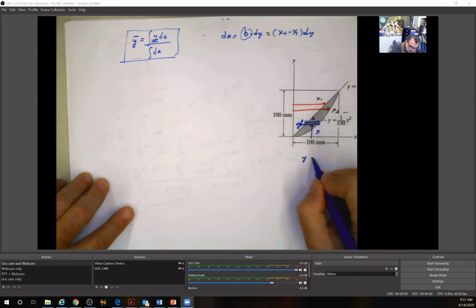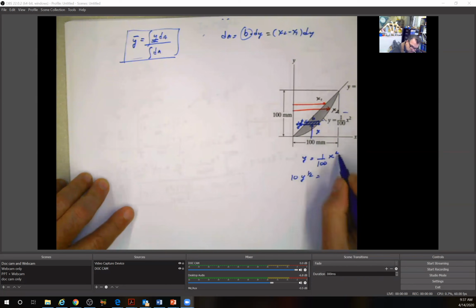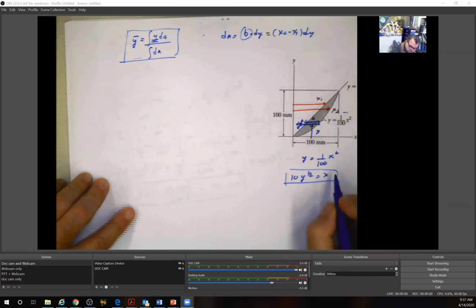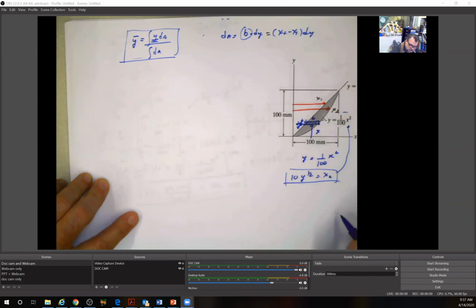I know that y is 1 over 100 x squared. So if I take the square root of this, it's going to be y to the 1/2. Square root of this is going to be 10. Pass it to the other side, 10. And the square root of this is just x. So that's going to be the value for x2 corresponding to this equation.